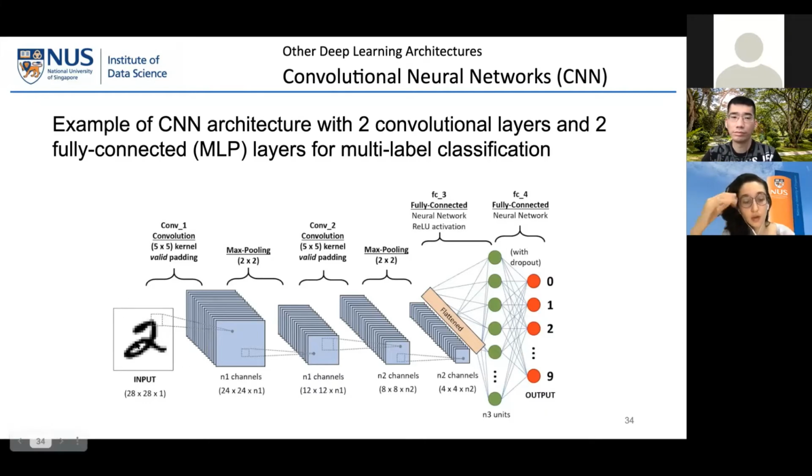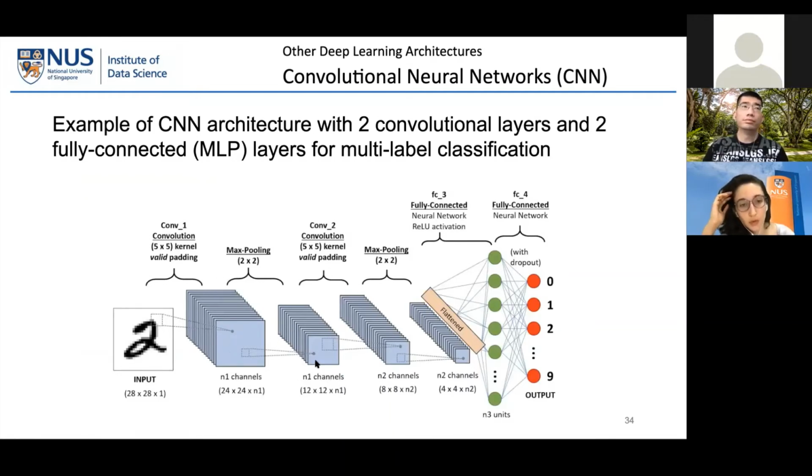when you have, for instance, a handwritten digit like 2 here, you may want to extract features that are local because it's an image. So based on the local pattern, if there are straight lines, if there are more round shapes in your image, where is it located in your image?